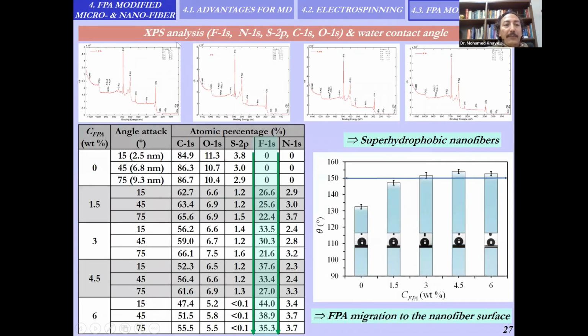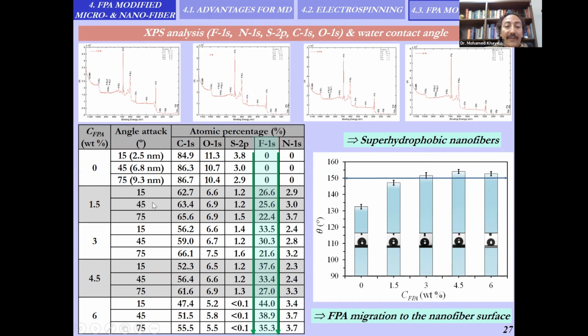We characterized this membrane by X-ray photoelectron spectroscopy analysis carried out at different takeoff angles. We observed that the concentration of fluorine in the nanofibers increases with the increase of the concentration of FPI, and this is normal. The important result here is the reduction of the concentration of fluorine with the increase of the angle.